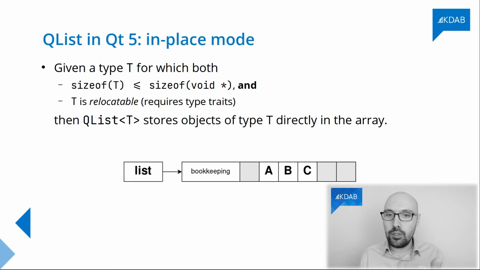Alternatively, QList can work in a very different way. That is, if you've got a data type that is small enough to fit, so the size of T is smaller or equal than the size of a pointer on your platform, and also T is marked with this special type trait to be relocatable, then QList will avoid the extra heap allocations for your elements. What QList is going to do is to store the elements of type T directly into that backing array.